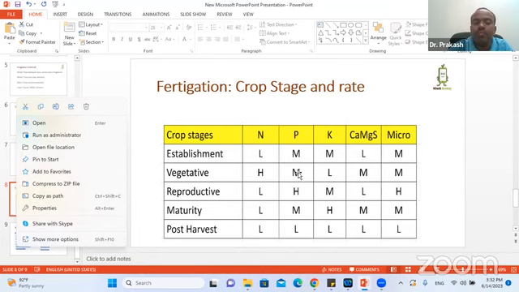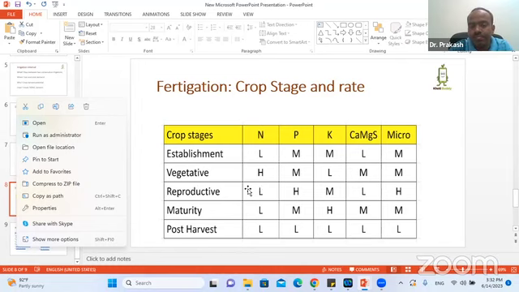So in this stage we can add ammonium sulfate and calcium nitrate to fulfill the nitrogen requirement of the soil, along with 0 50 34 and Kiside DF, the micronutrient.